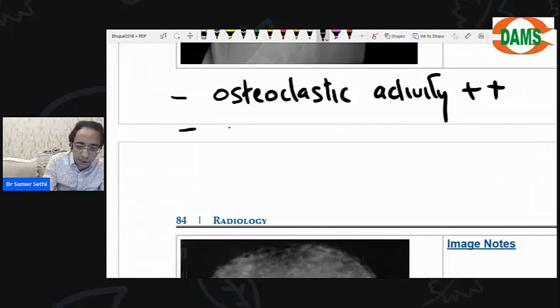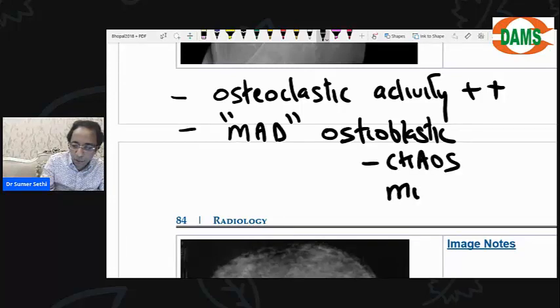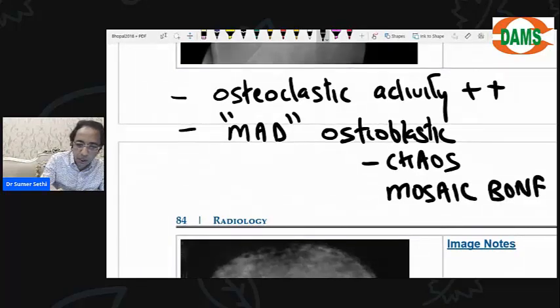Then what happens is osteoblasts become mad, leading to chaotic mosaic bone formation. Can you guess the disease that I'm trying to build up?